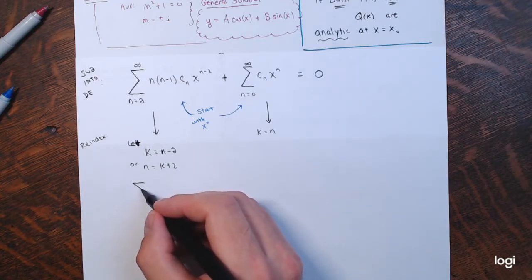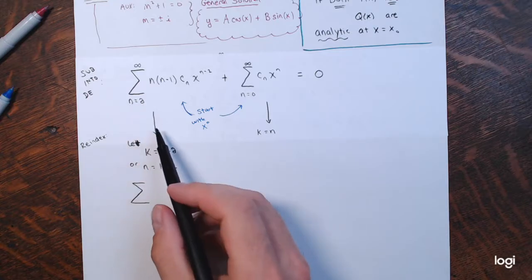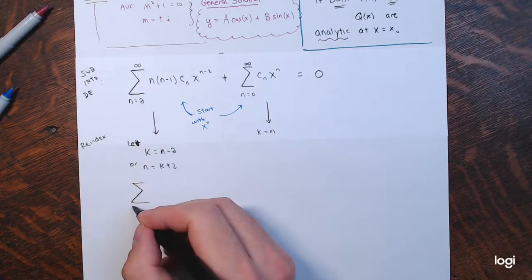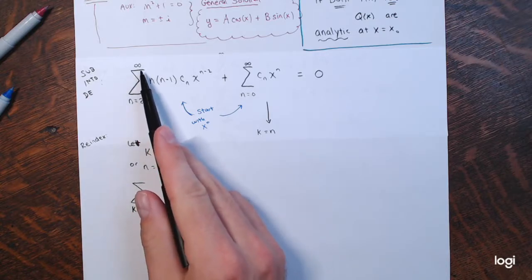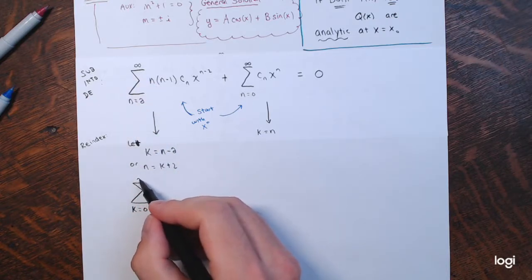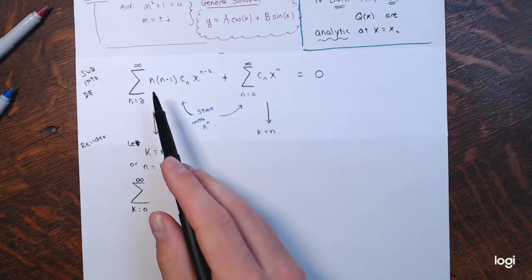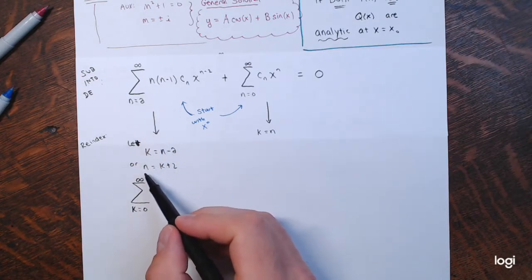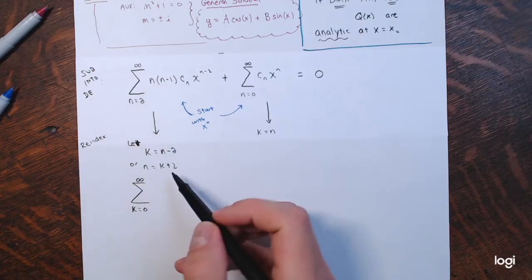So the first series, when n equals 2, k would be 0. And as n approaches infinity, k would approach infinity. Right? So I have the sum from k equals 0 to infinity of, n is k plus 2, n minus 1 would be k plus 1.